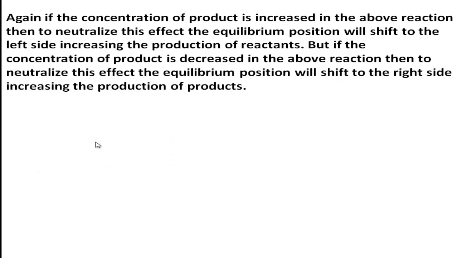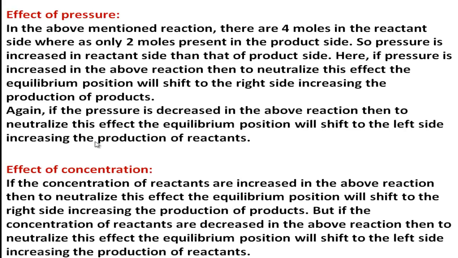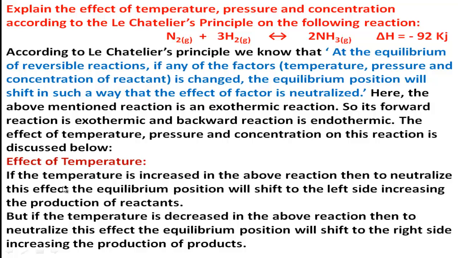That means in this given reaction, we have seen, follow here, if temperature is increased, then the equilibrium position shifts to the left side, which means increasing the reactants. But if the temperature is decreased, the equilibrium position shifts to the right side, so the amount of products is increased.